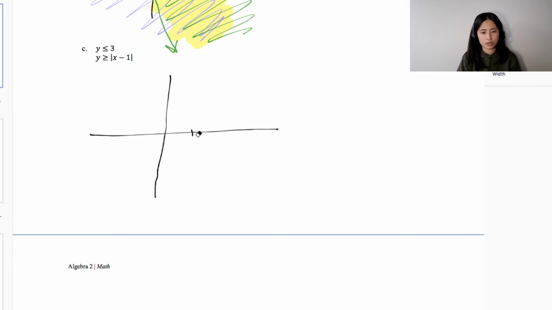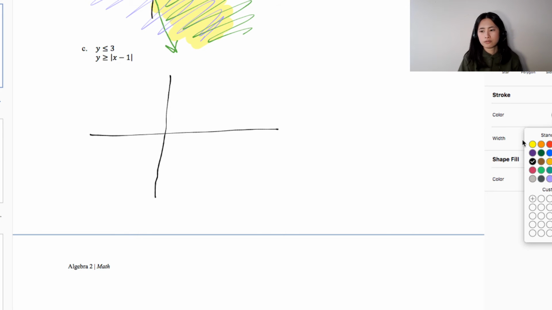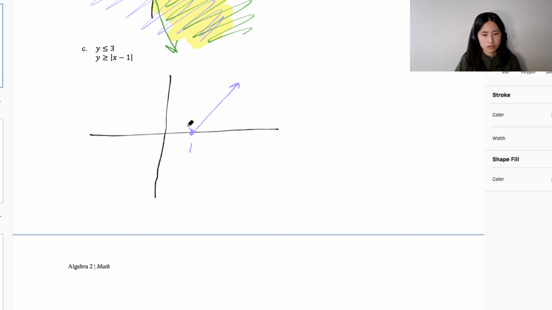So this is somewhere here, so this is the 1. Okay, maybe we can keep it consistent because we've been using the green and purple markers. So this is 1 over here. So we know that this is where your vertex is for your absolute value, so that's somewhere here. And then we have the y less than or equal to 3. Oh wait, hold on. We're using the purple one for the first equation.